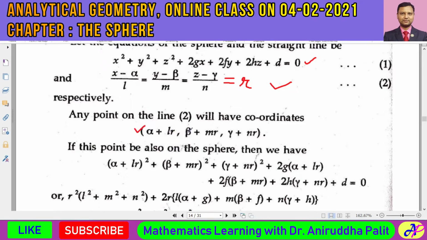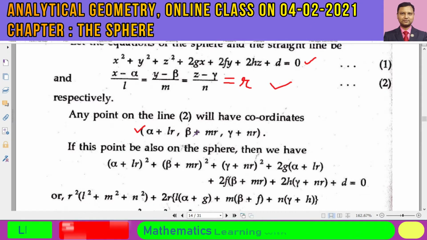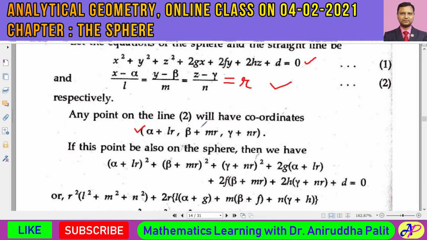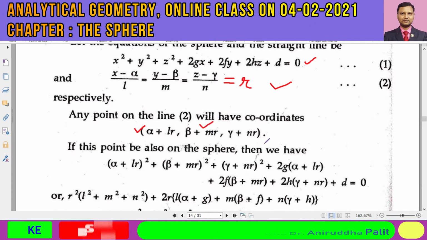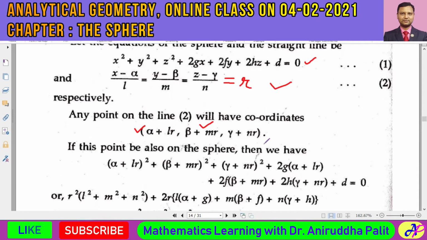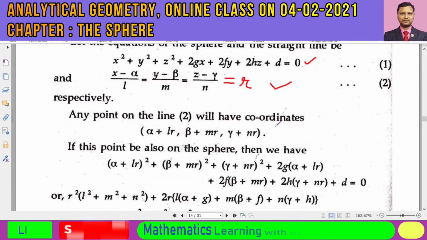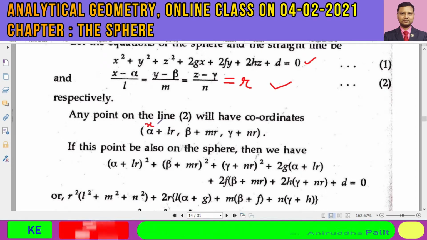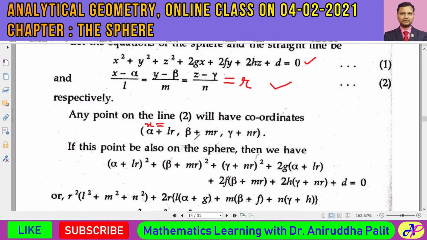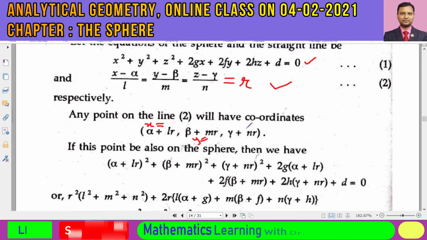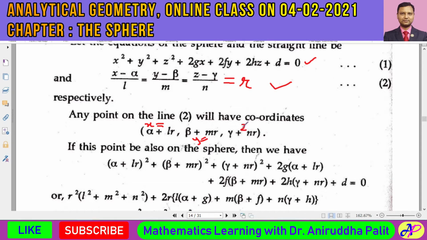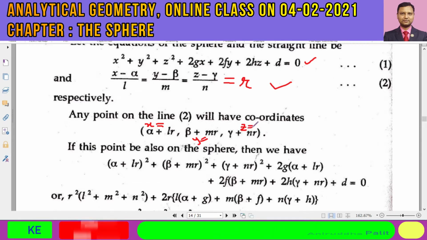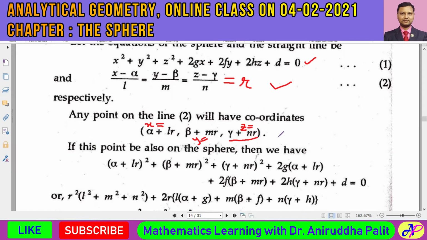The first coordinate, or the x coordinate, would be alpha plus L into r. The y coordinate would be beta plus m into r, and the z coordinate would be gamma plus n into r. So any point will have the x coordinate like this, y coordinate like this, and z coordinate like this, gamma plus nr.